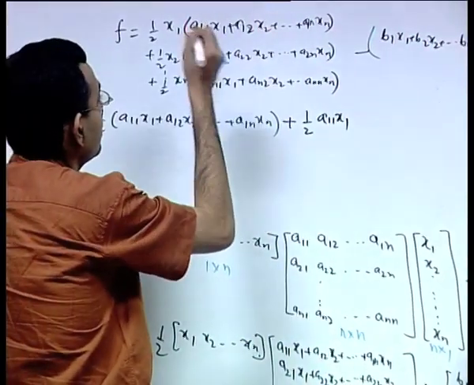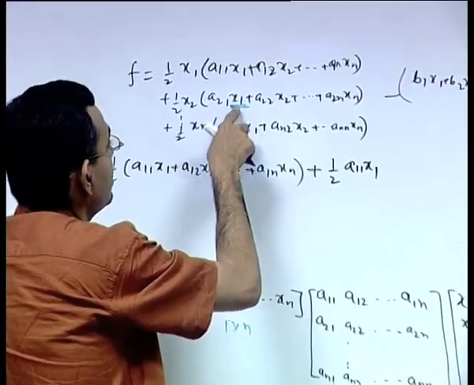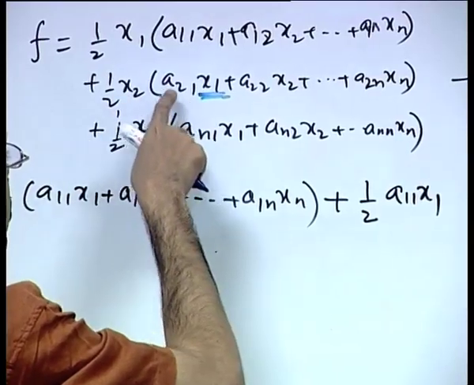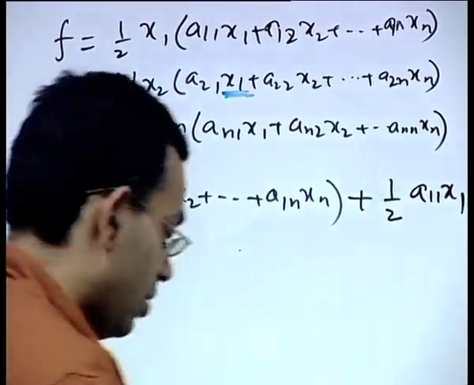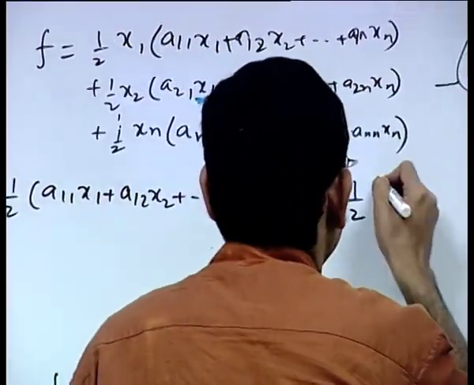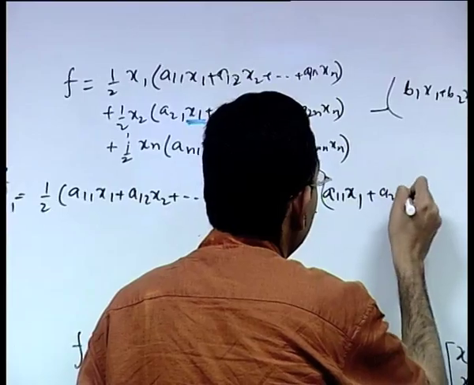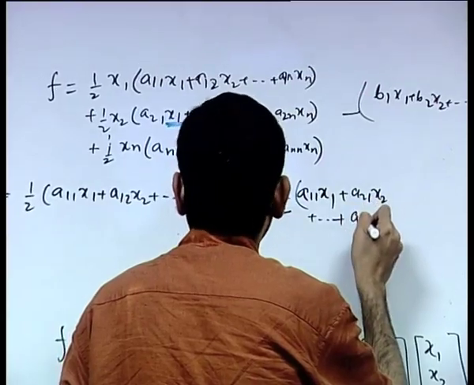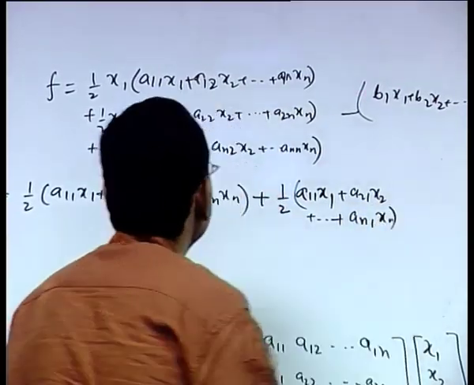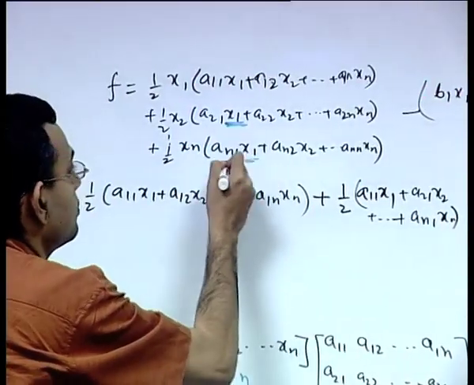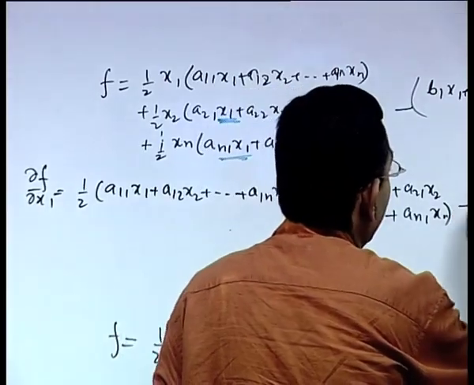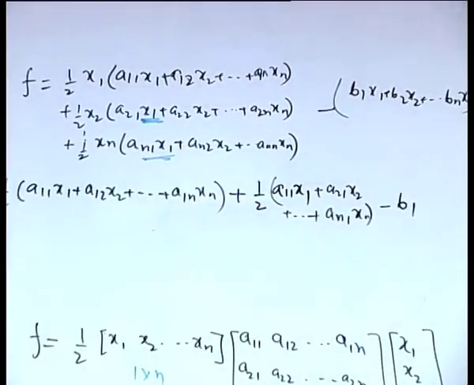You have x1, this is the term only which has x1. So, the corresponding derivative is half a21 x2. So, a11 x1 plus a21 x2 in this way plus an1 xn, that is this term, minus b1, c is the constant.